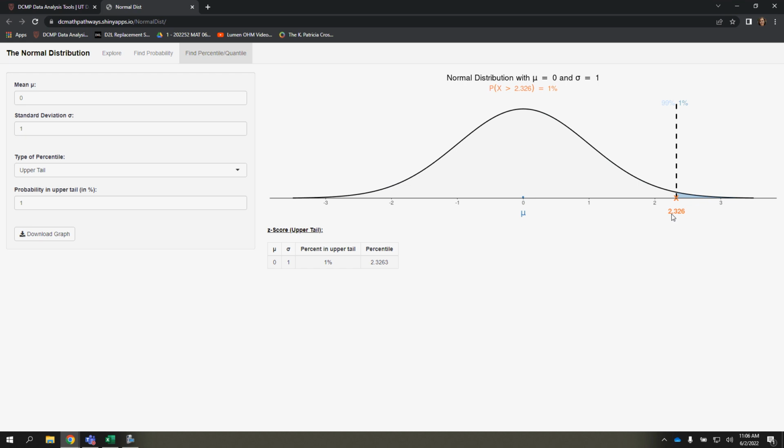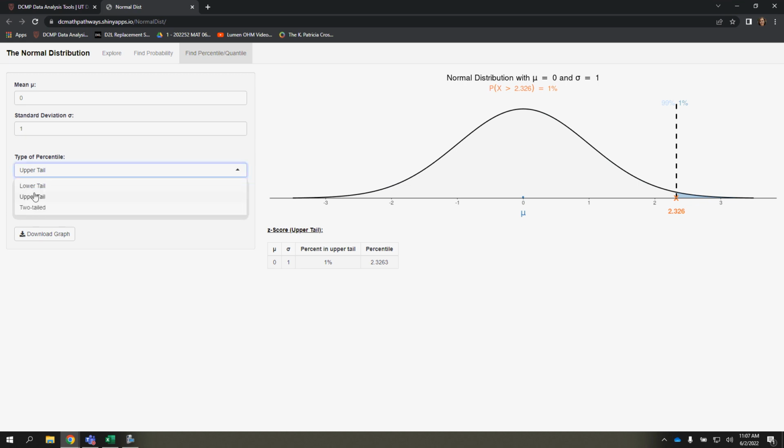Later in the course, when you're taking statistics and you get into things like confidence intervals and hypothesis testing, this is also a way that you could calculate critical values, though at this point, again, you're using them just to calculate percentile values. So in this case, 1% in the upper tail is the 99th percentile because it's based off of what's to the left.